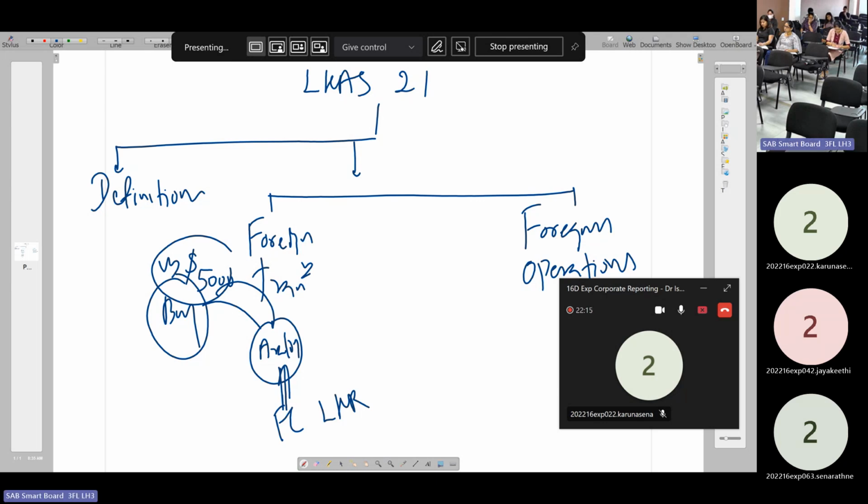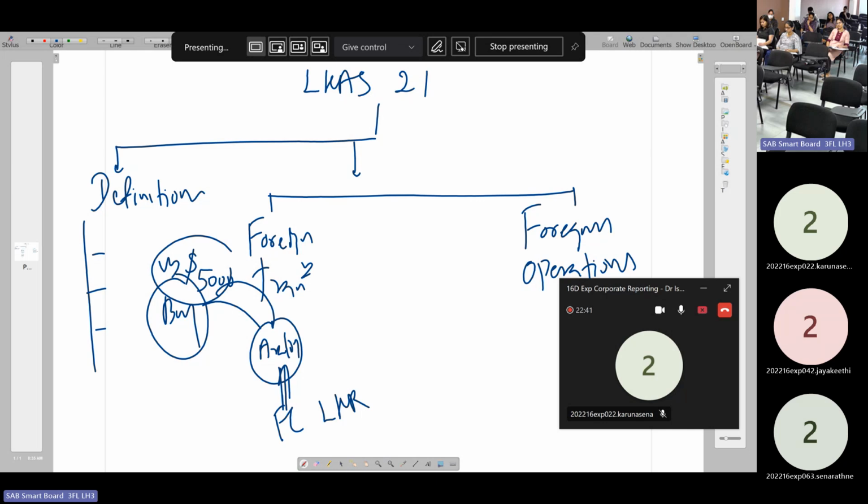When you are going to convert them into LKR, you should know specific rates. What are the rates? Spot rate. Spot rate means the rate for immediate delivery. Then closing rate. What do you mean by closing?